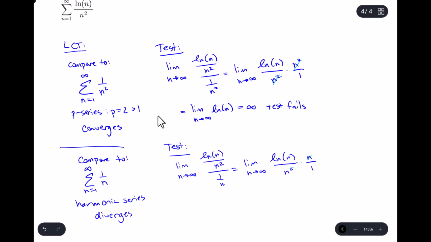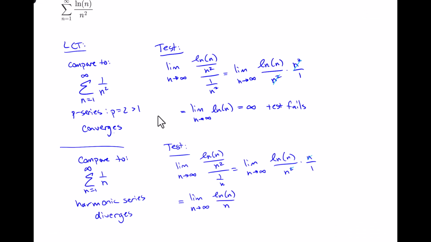The n cancels one of those factors of n there. And then I'm looking at just the limit as n goes to infinity of the natural log of n divided by n, which I'm not particularly sure exactly what happens with that, but as n goes to infinity, both the numerator and denominator would go to infinity, so I can use L'Hopital's rule to try and get an idea.